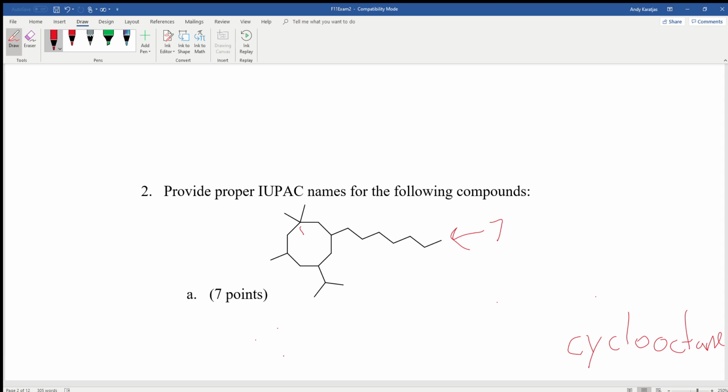The next question becomes, which direction do we go? And so if we go clockwise, we'll end up with substituents at 1, 3, 5, and 7. If we go counterclockwise, our substituents also end at 1, 3, 5, and 7. And we can see that by putting some numbers in here.